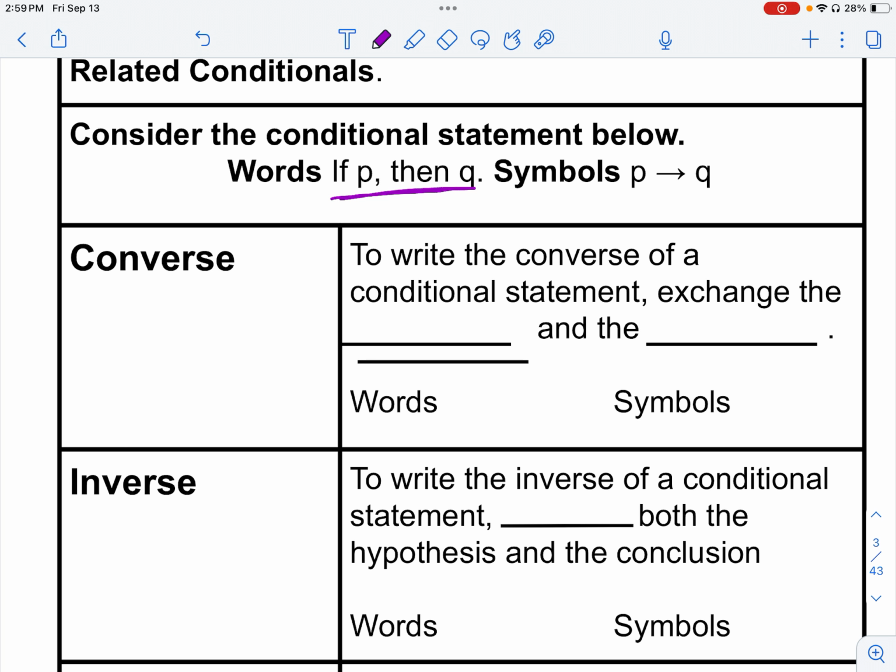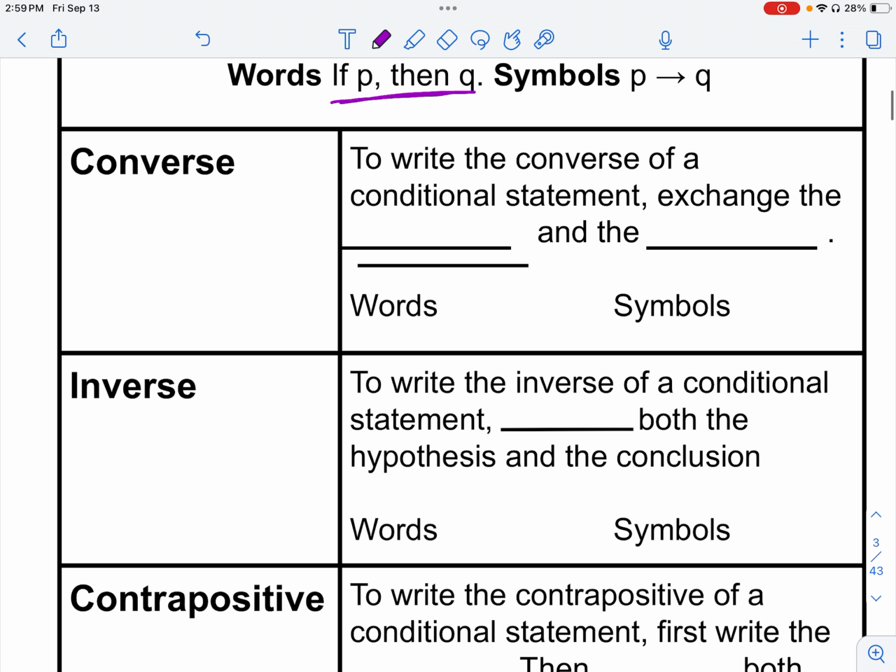So if we start with a conditional statement of if P then Q, with related conditionals, we can take the P and Q and do some interesting things with it to expand our knowledge of the logic world. So to write a converse, when we're talking about a converse of a conditional statement, we're going to exchange the hypothesis and the conclusion. We are just going to flip them around.